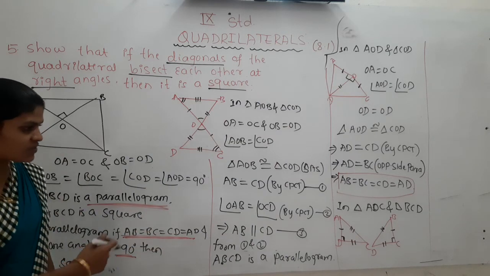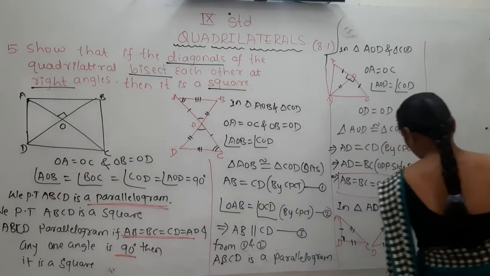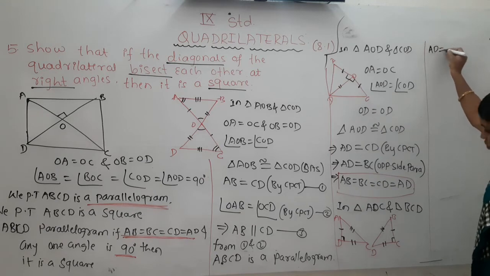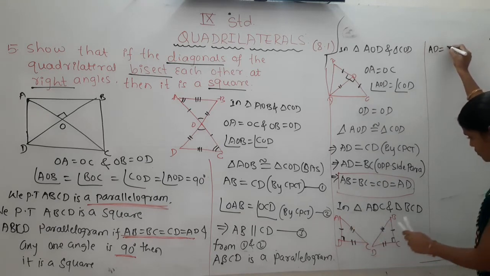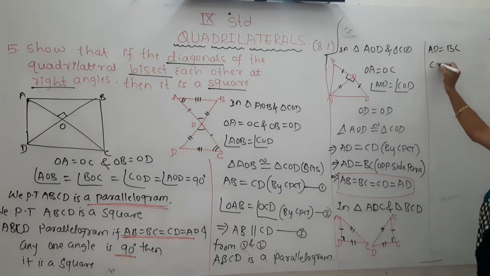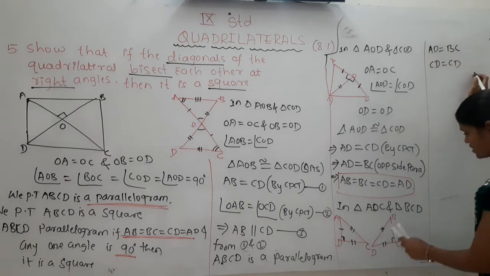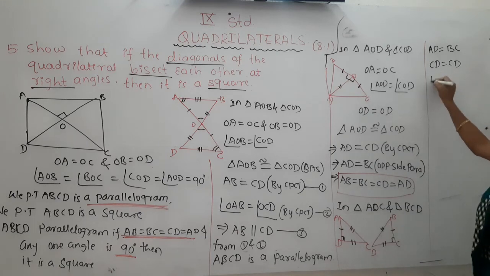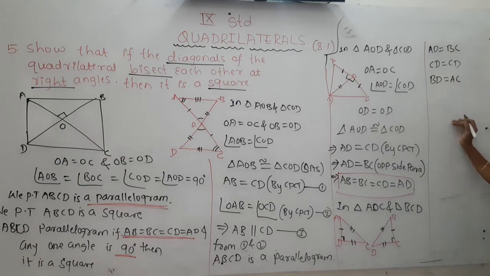Shall we take this one? In triangles ABC and BCD, what are the things being said? AD is equal to what? BC, and CD equal to CD, common arm. Next, BD equal to AC. Why? Because the diagonals are equal here.